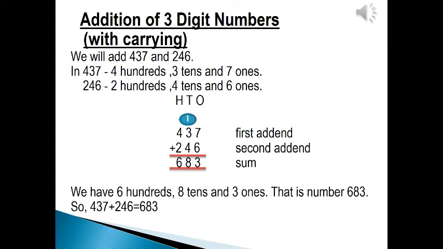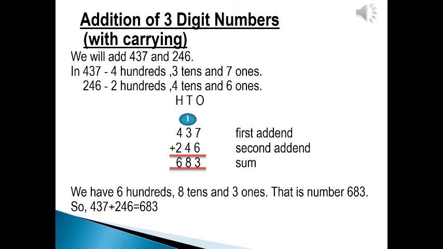In 246, 6 is at ones place, 4 is at tens place and 2 is at hundred place. First, we will arrange the numbers in their place value. Always, we add the numbers from right to left. So, we will add the ones column first.